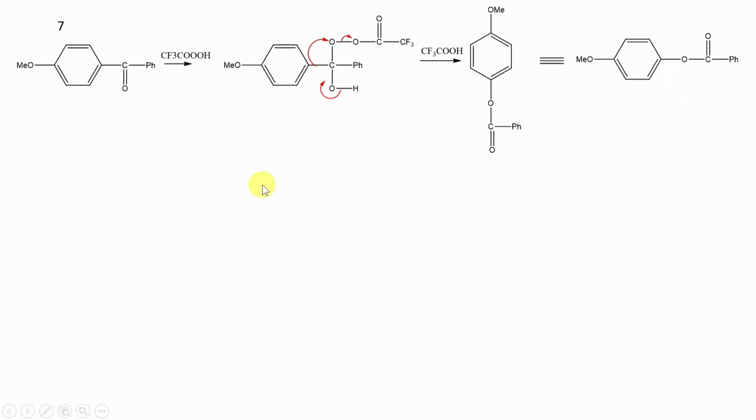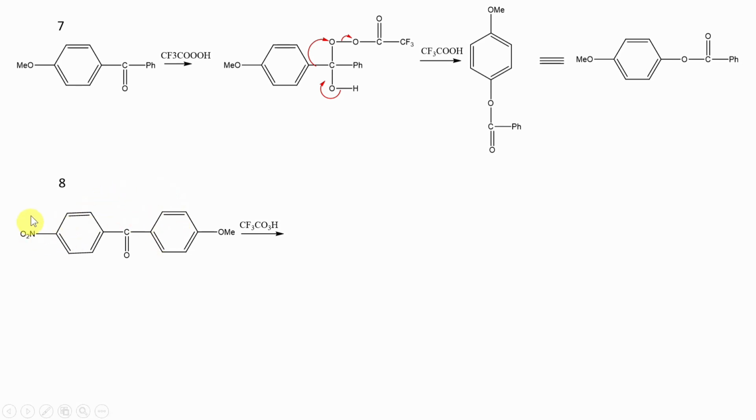Okay, the next rearrangement reaction, that is the eighth example. You can see it is also an unsymmetrical ketone. Here it is methoxyphenyl, whereas it is nitrophenyl, para-nitrophenyl. This is para-methoxyphenyl. And so this is an unsymmetrical ketone.